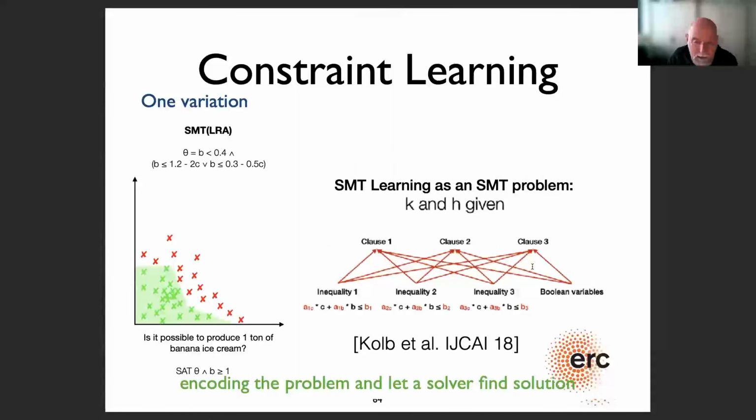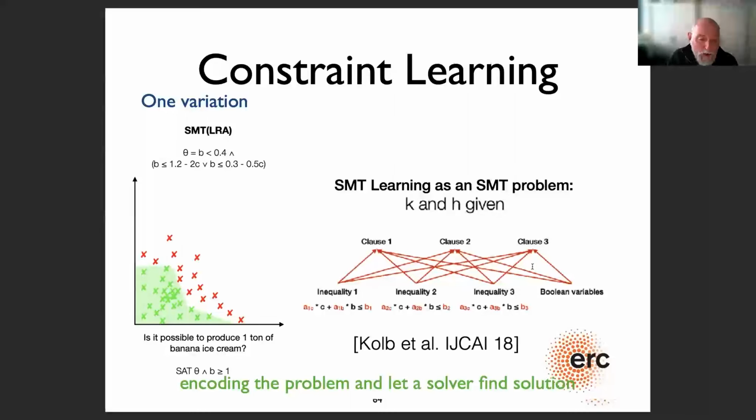So what is done in this InCal system by Samuel Kolb is that you assume a form of your SMT problem: certain conjunctions of clauses and these inequalities with particular parameters that are appearing.